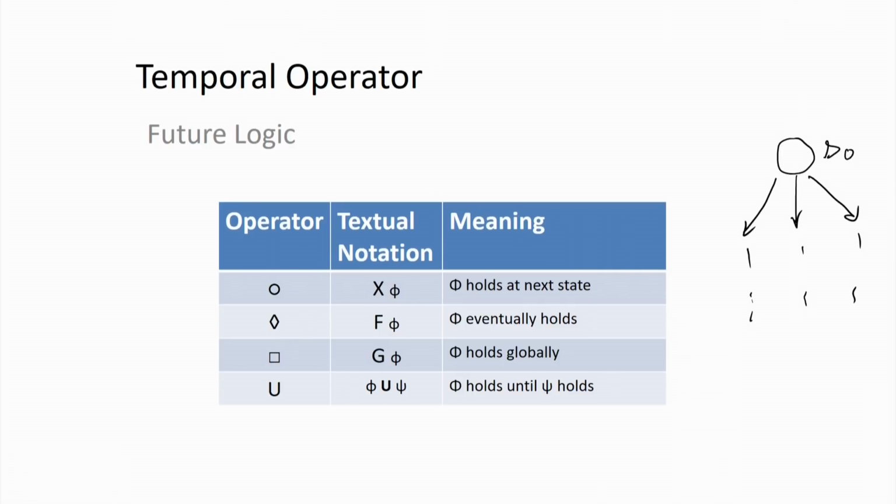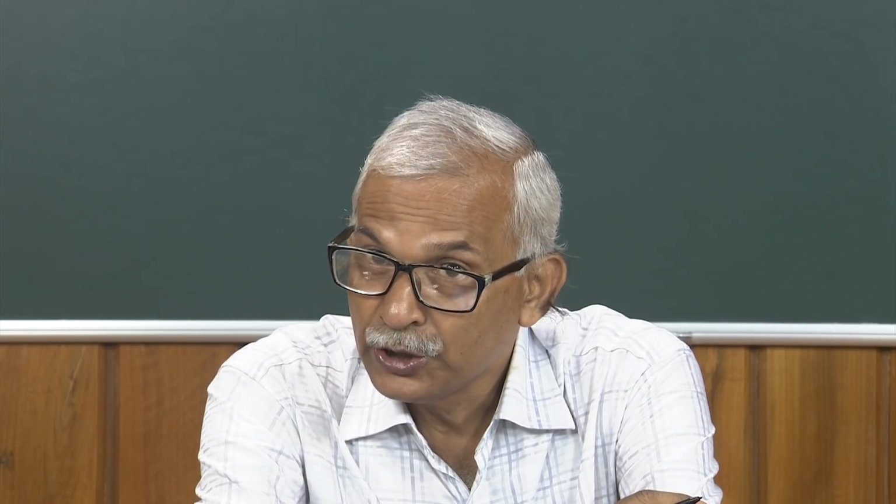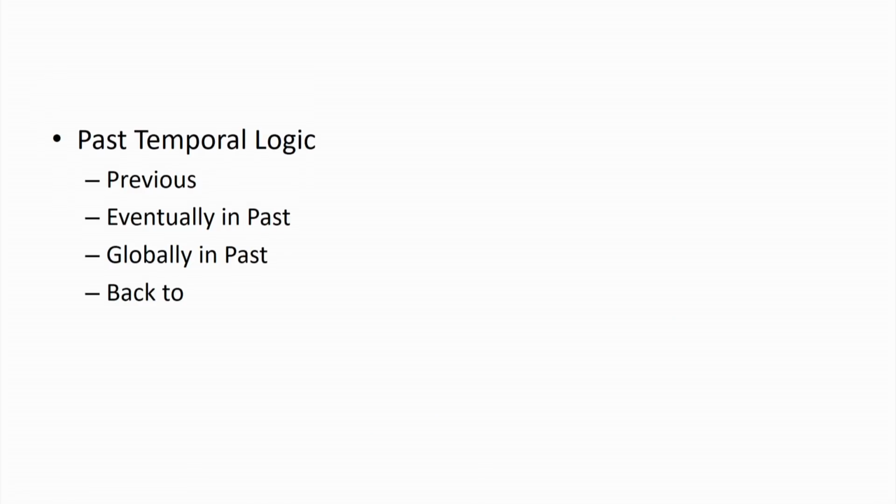Similarly, we have the notion of past logic also. In past logic we are going to have the corresponding operator with respect to the operators that we have in future logic. In future logic we have next, so in past logic we get an operator previous.